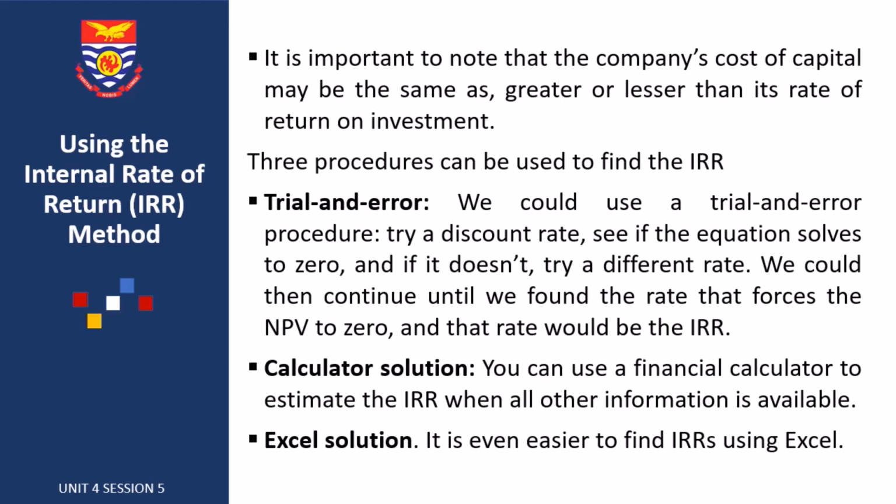You continue until you find the rate that forces the NPV to 0, and that rate will be the internal rate of return. With the calculator solution, you use a financial calculator to estimate the internal rate of return when all the other information is available.